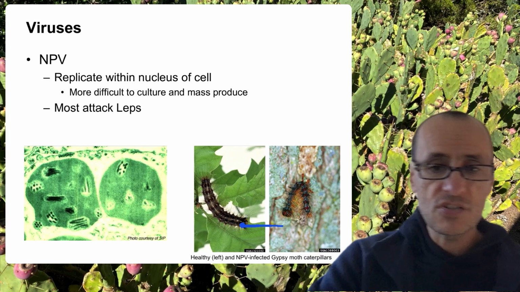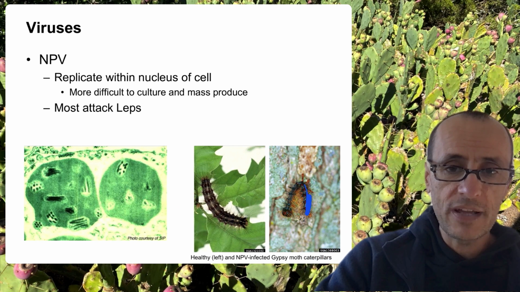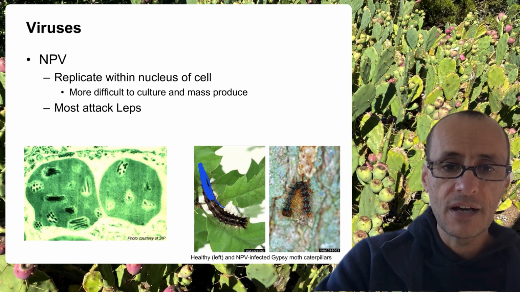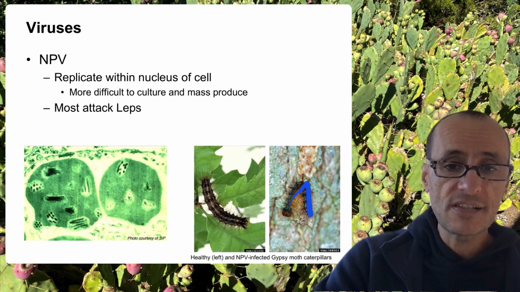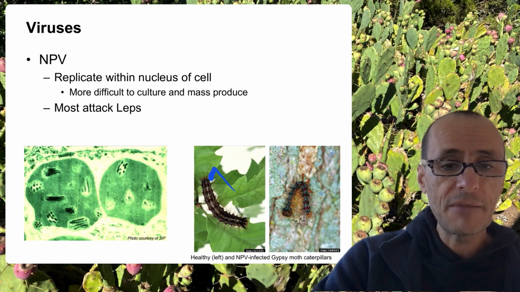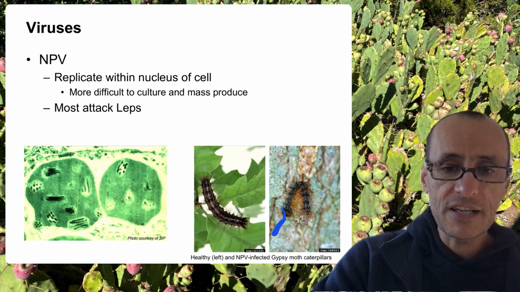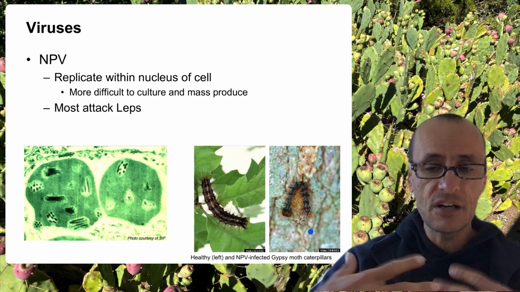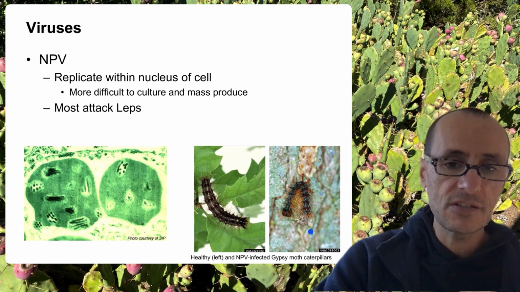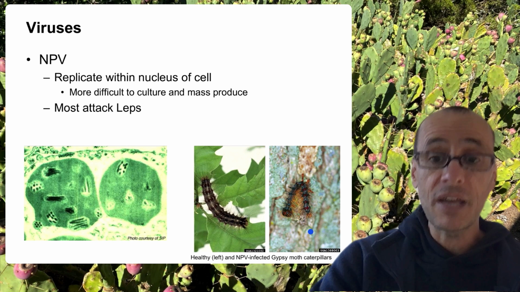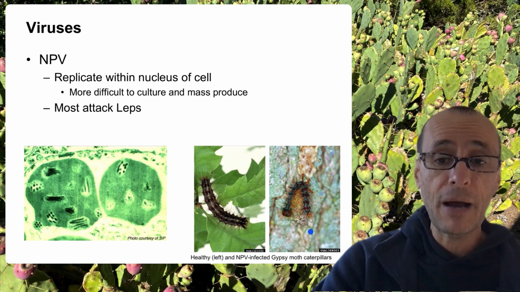And this is what a gypsy moth caterpillar looks like once it's been infected by NPV. This oozing body here now has millions of virus particles that are entering the environment, which have the capacity to create a pandemic in high populations of caterpillars.